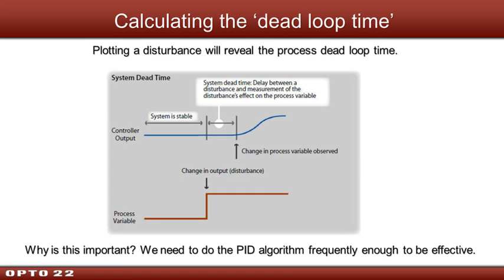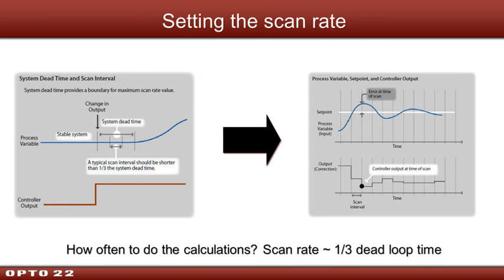Essentially, we make a change in the output, we disturb the process, and we look for how long it takes from when we make that change in the output to when we see a change in the process variable. That time is our system dead loop time. That's very important to know, because we need to set our scan rate so that it does the calculation frequently enough to be effective.